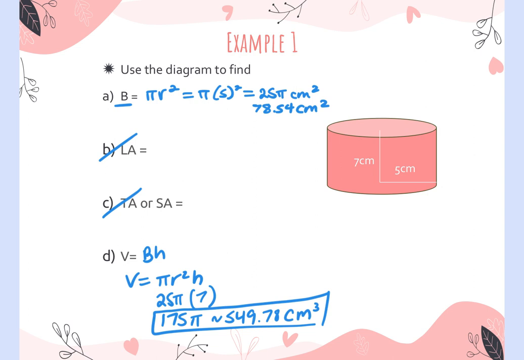Mm-hmm. Why is it cubed? Because it's volume. Volume is usually 3 measurements. With me so far?